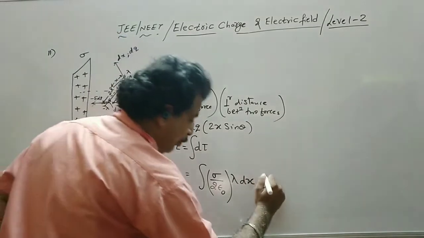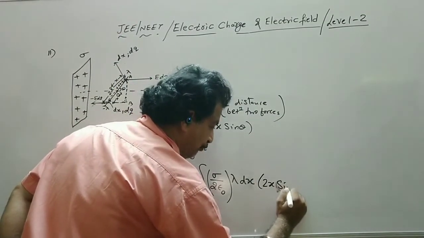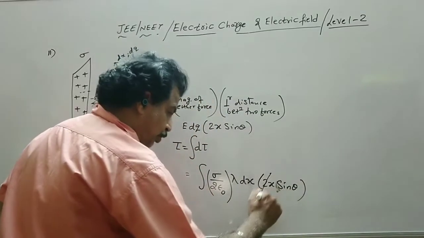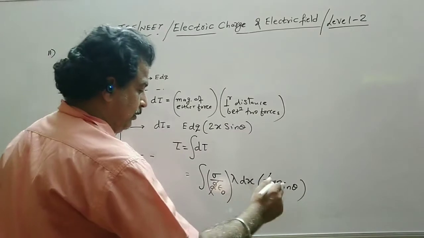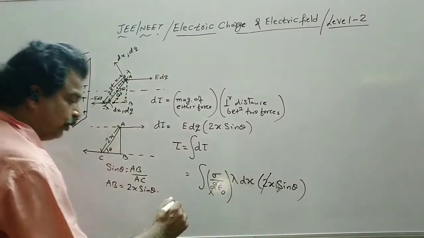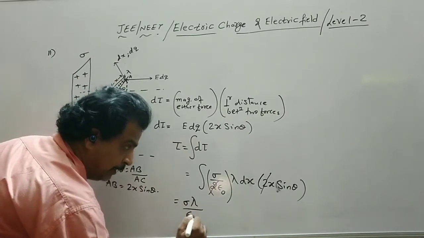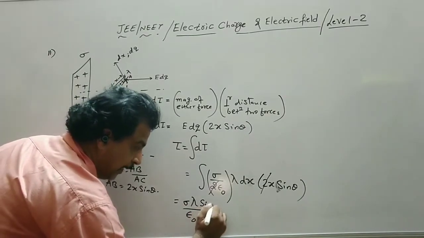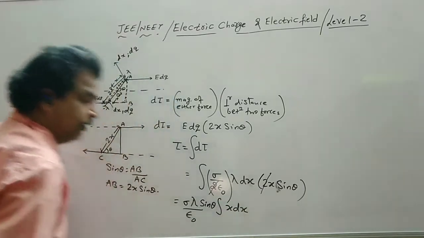Then the perpendicular distance, that is 2x sin theta. So here 2 get cancelled, lambda is constant, we have to do integration with respect to x. So this is equal to sigma lambda by epsilon naught sin theta integration x dx.